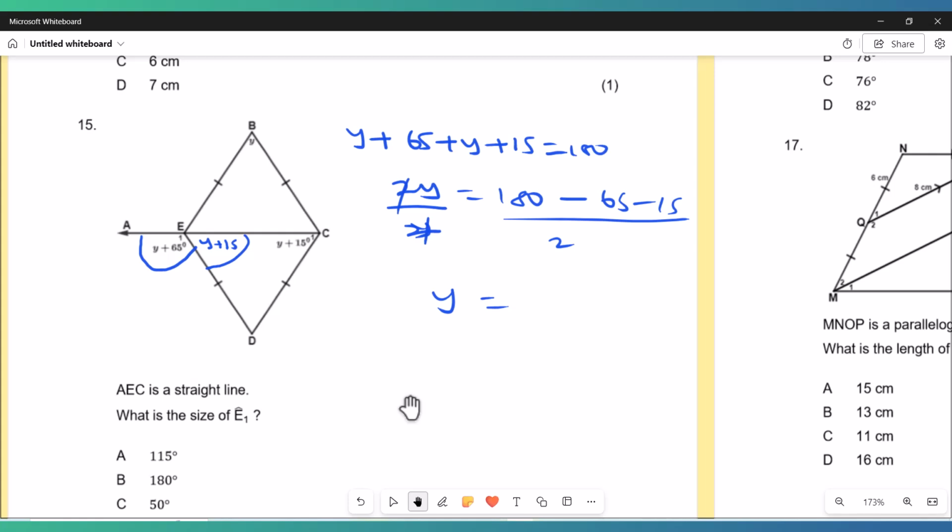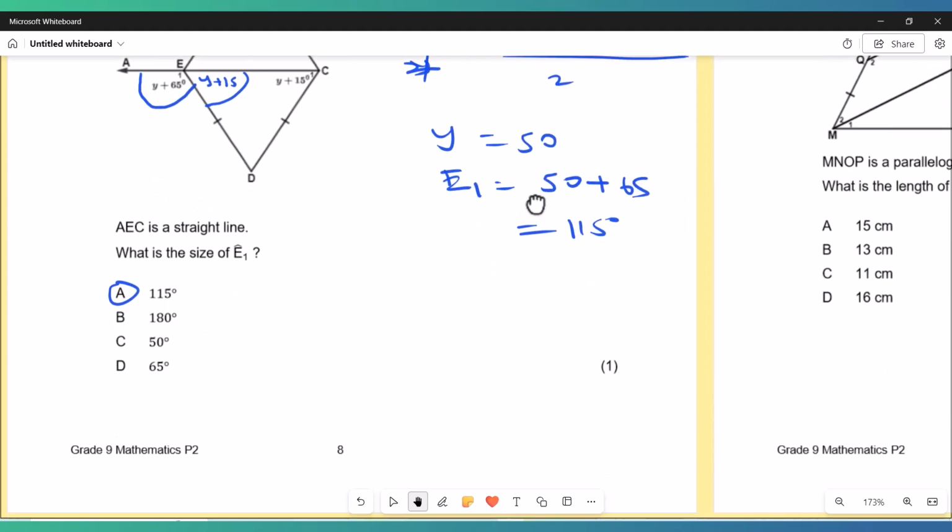So y is 50. Now I'm looking for E1. My E1 is y plus 65, so my E1 is going to be 50 plus 65, which is 115. So the answer becomes A.